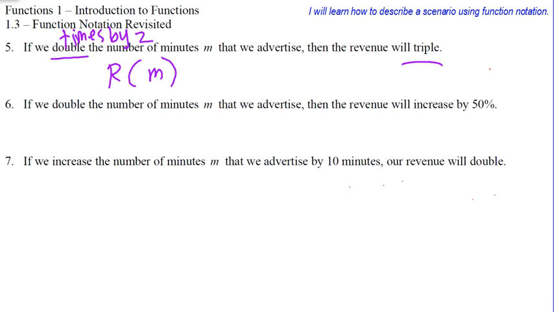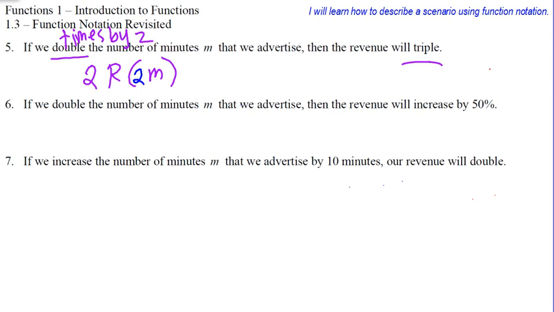We could have 2 in here, and then we could also have 2 in there. When we say if we double the number of minutes M, which one is correct? Is it the 2 in purple or the 2 in blue?